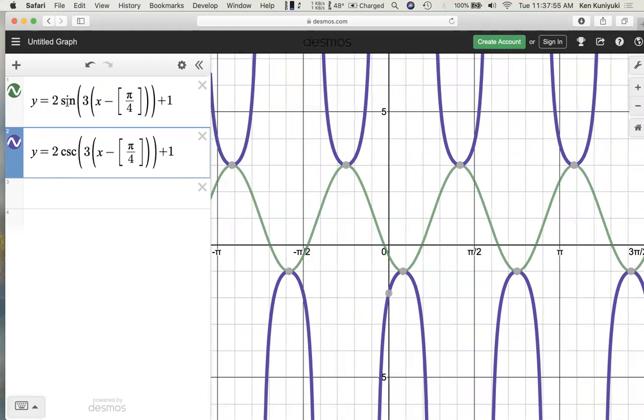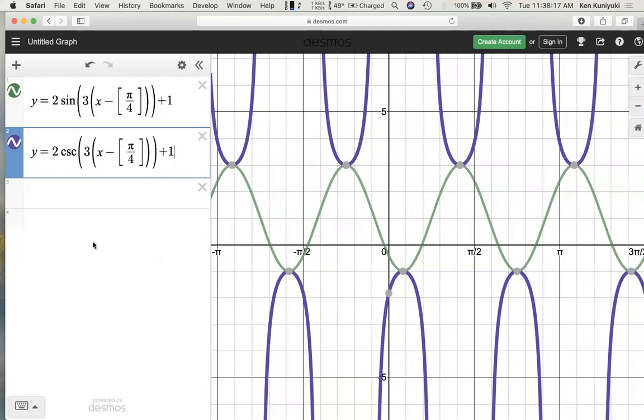Just by replacing sine with cosecant, if I can graph the corresponding sine equation, then I can basically play the whole up u down u game to graph the corresponding cosecant equation where I replace sine with cosecant. The same properties hold for cosine and secant.